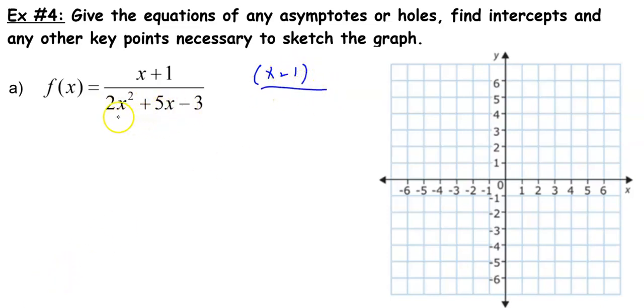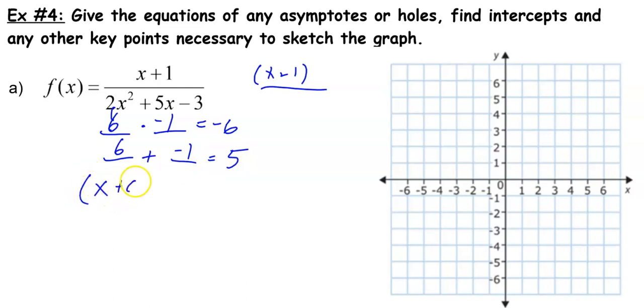Then we're going to factor the denominator. The method I like to use is to ask myself what two numbers multiply to give me -6, and I need those same two numbers to add to +5. Well, what I'm thinking is 6 and -1. 6 times -1 is -6, and 6 plus -1 is +5.